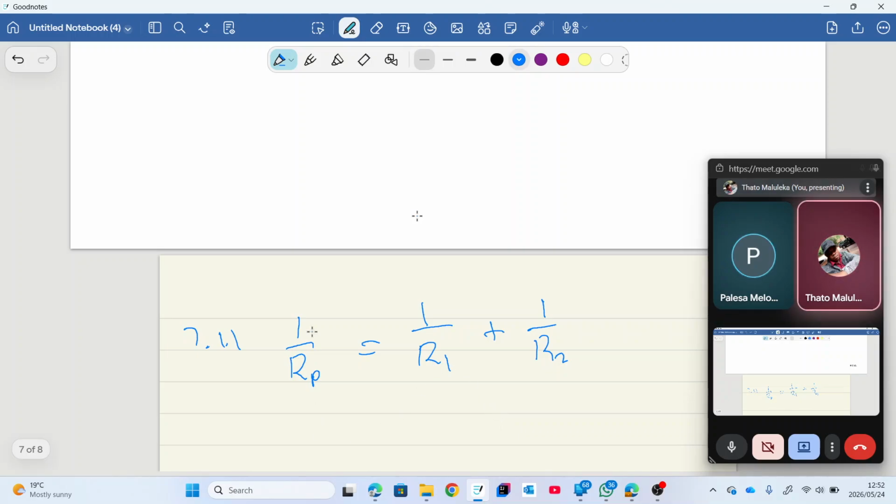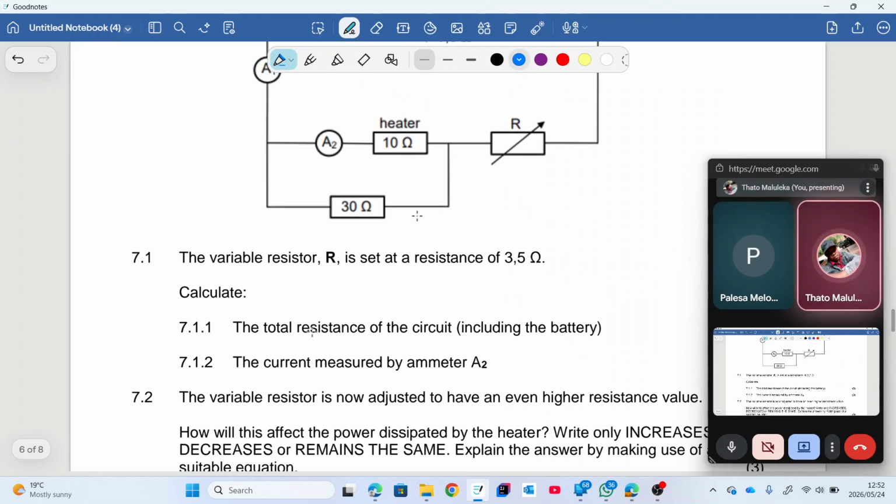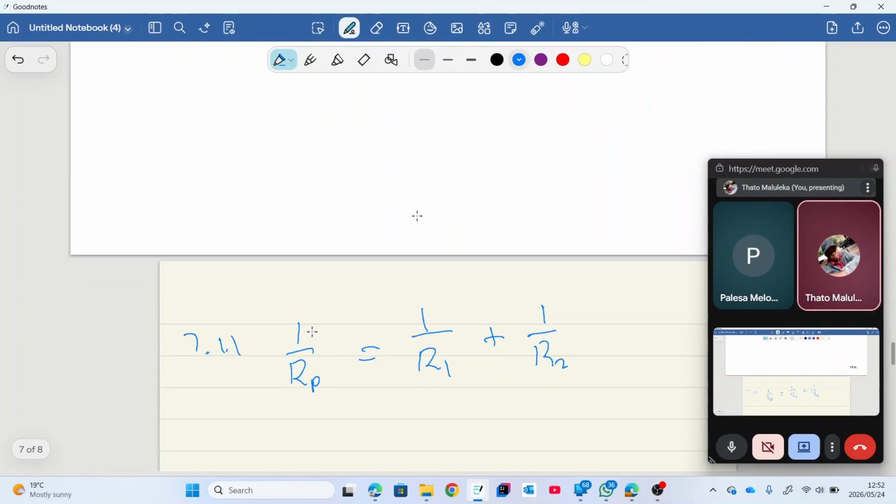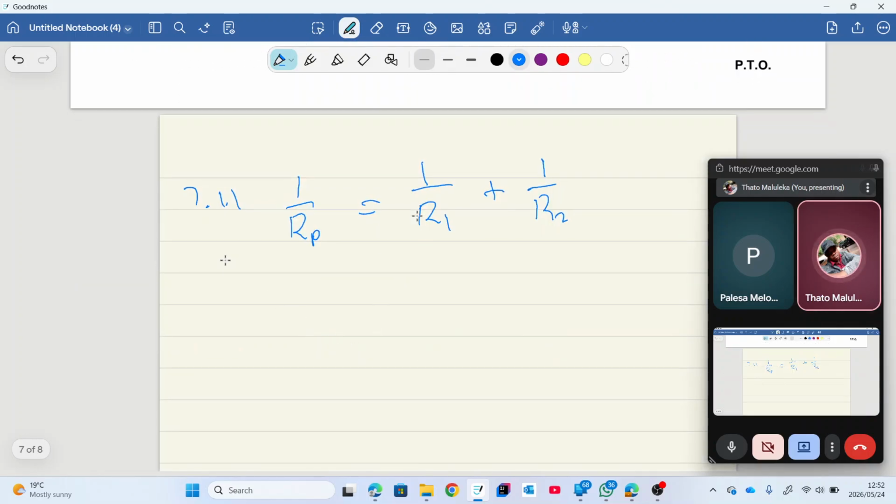The resistances are 10 and 30. So 1 over R parallel equals 1 over 10 plus 1 over 30.